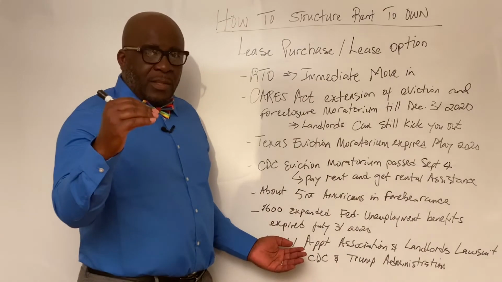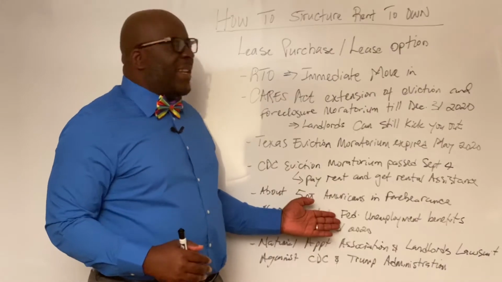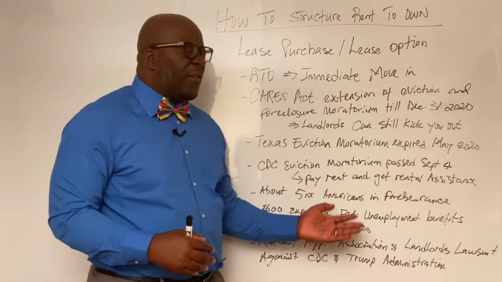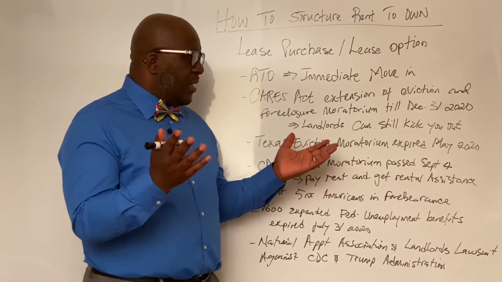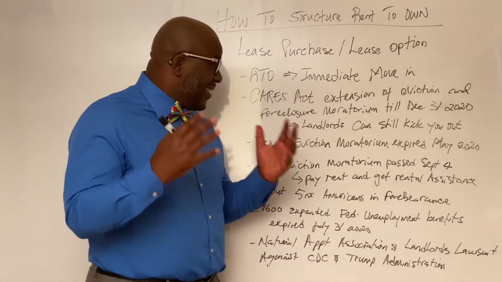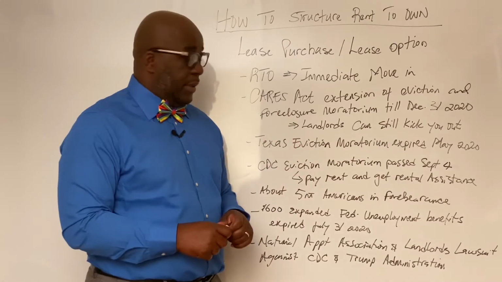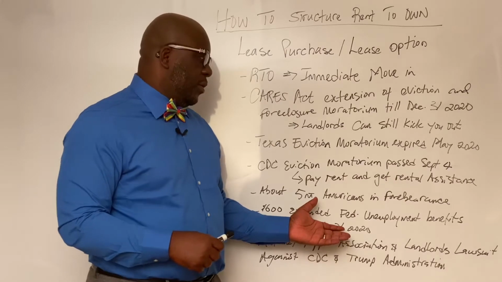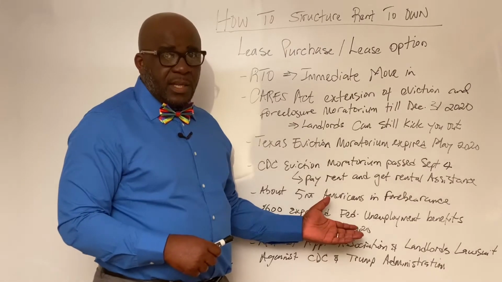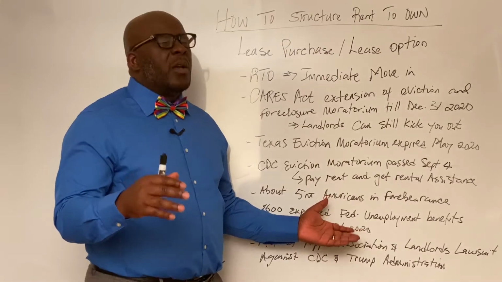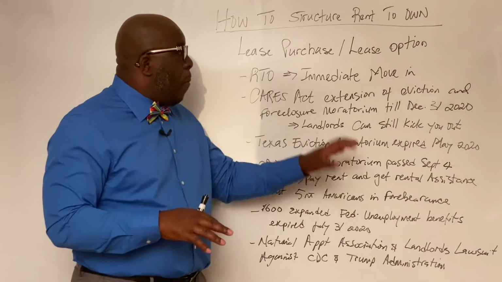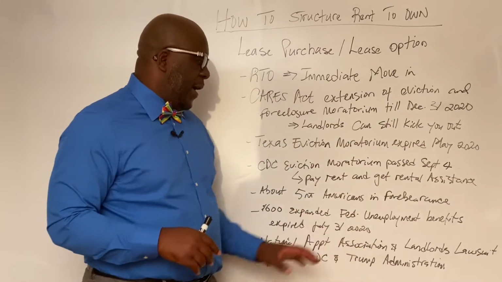The $600 expanded federal unemployment benefits expired July 31st, 2020. 11 million Americans are still out of work. We will see a gazillion evictions and foreclosures whenever these moratoriums expire.